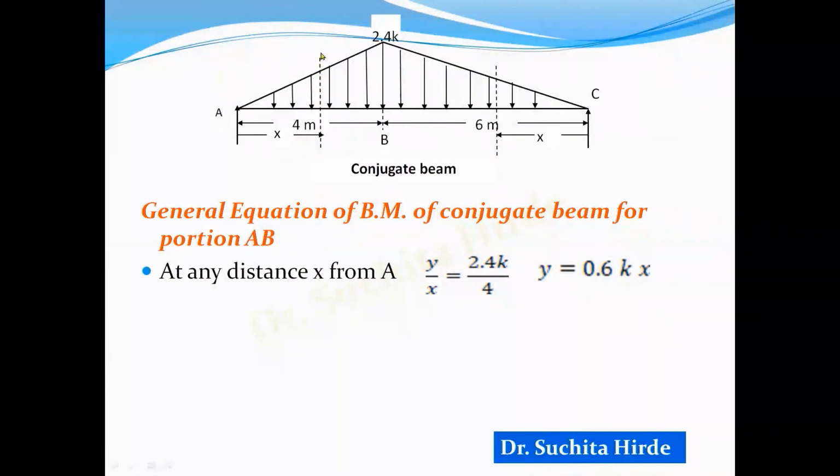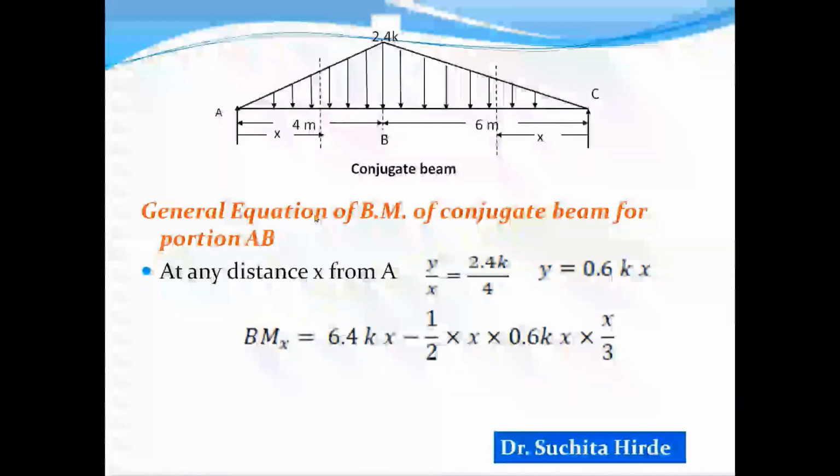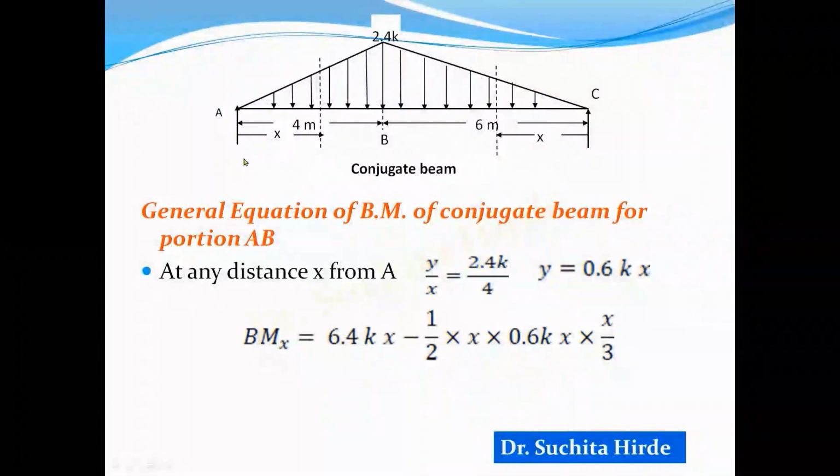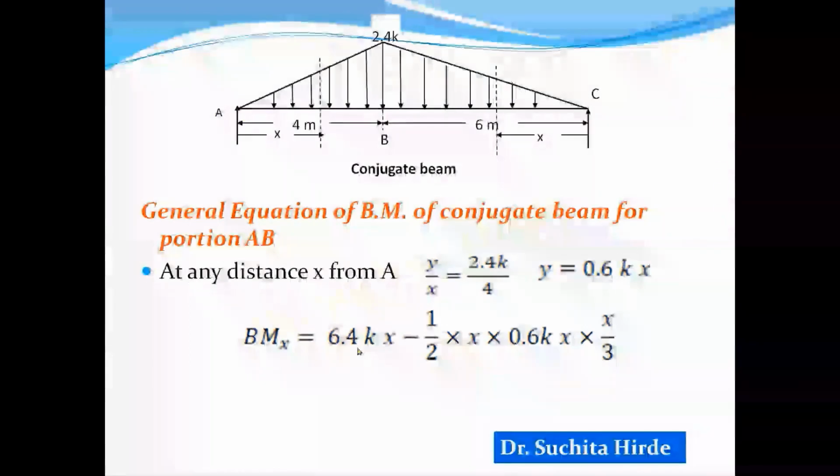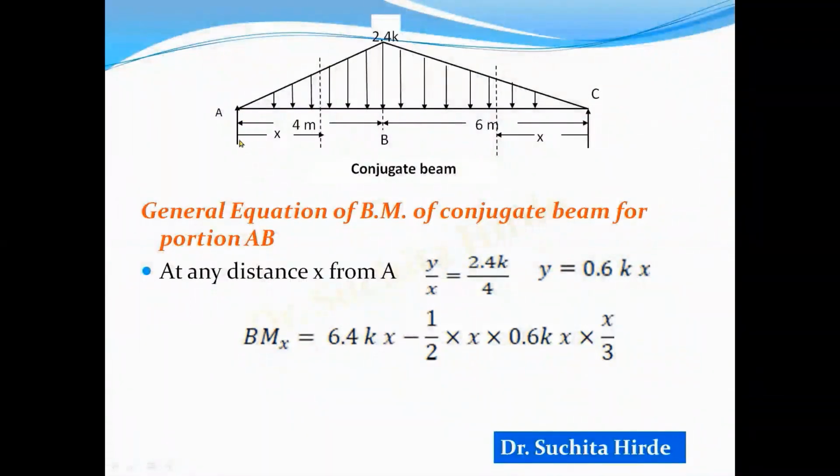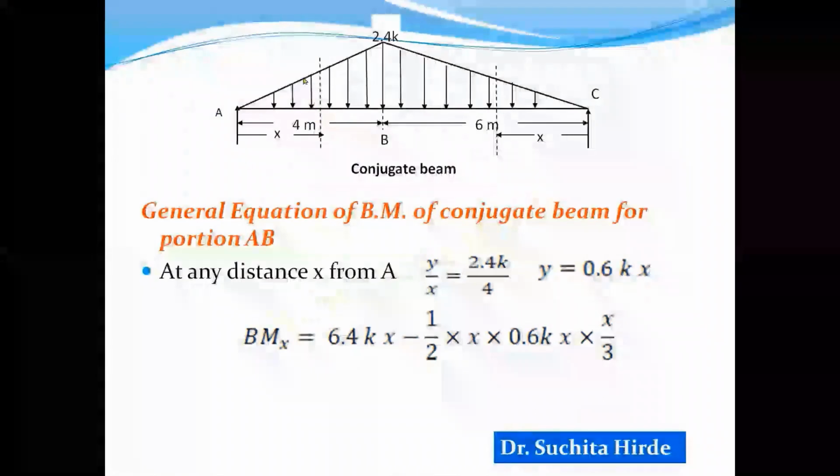Now we will write the equation of bending moment. This first term is moment due to this reaction. We have just calculated the reaction at A. It was 6.4 K. So moment due to 6.4 K about this section is 6.4 K into x, minus the moment due to this small triangle.